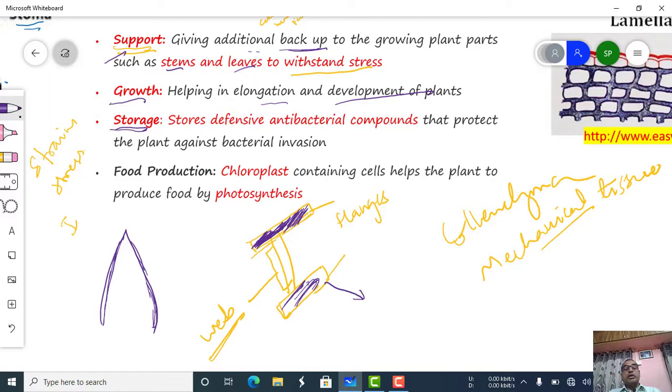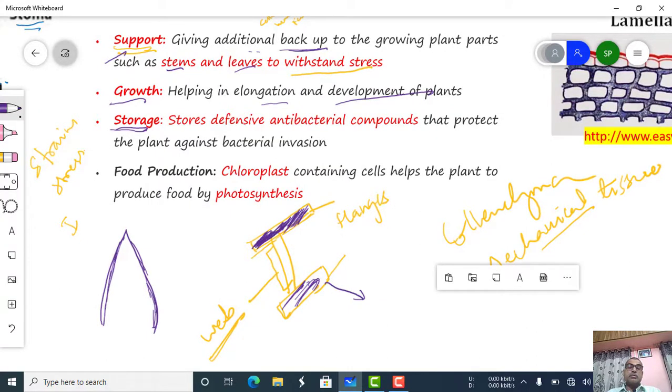Plants show defense mechanisms, and these defensive products present among the plants are not phytotoxic; these substances are toxic to the pathogens.